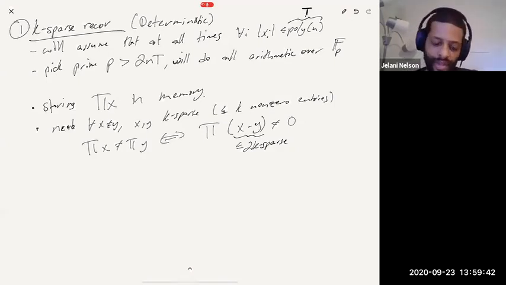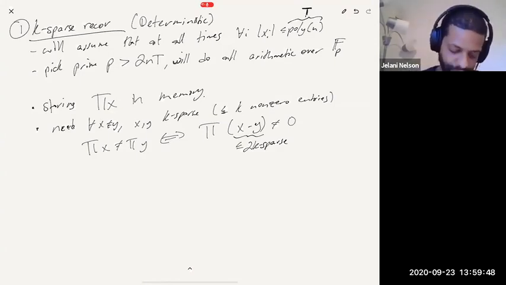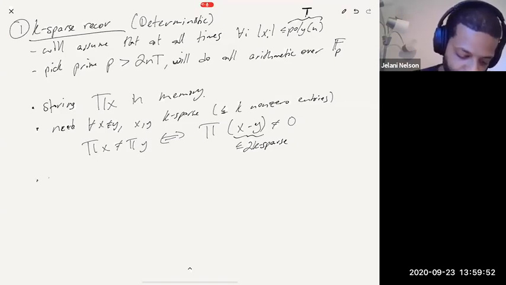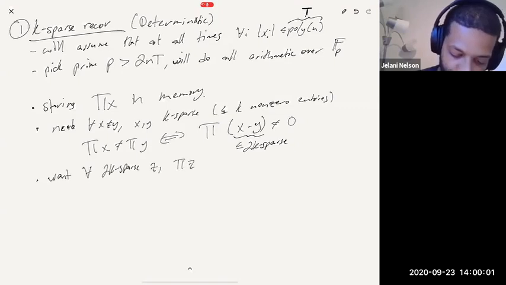So what does that mean? I want that for all 2k-sparse vectors z, pi z is not 0.